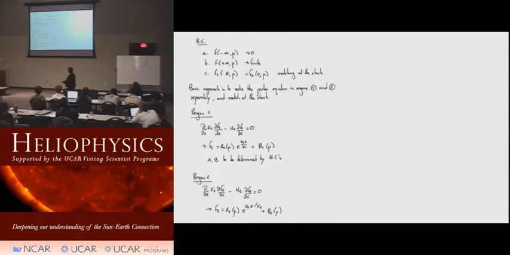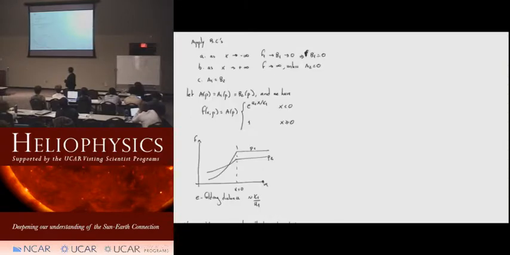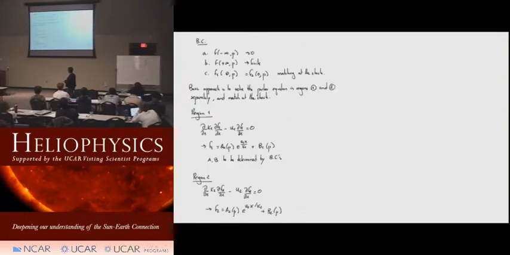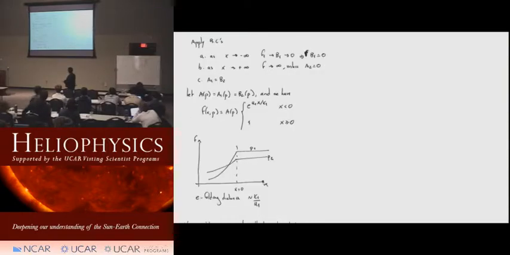Now, as I go far away downstream, I need to have a finite value. So I will need A2 to go to 0 because there is an x here. x will go to infinity. This whole thing is going to explode. So I need to set this to 0. Okay? So I get that B1 goes to 0 and A2 goes to 0.